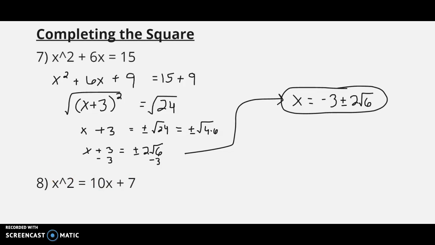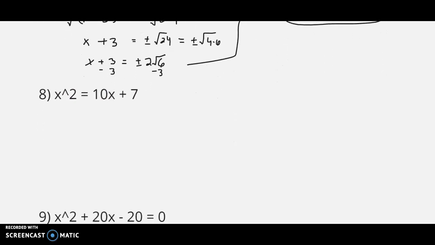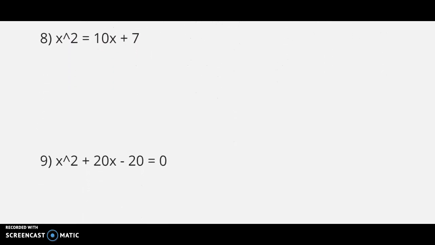All right, let's try this again with a different problem. Number 8 here, x squared equals 10x plus 7. First step, get all the x's to one side. So we're going to take away 10x from both sides. So here's what we have. x squared minus 10x.